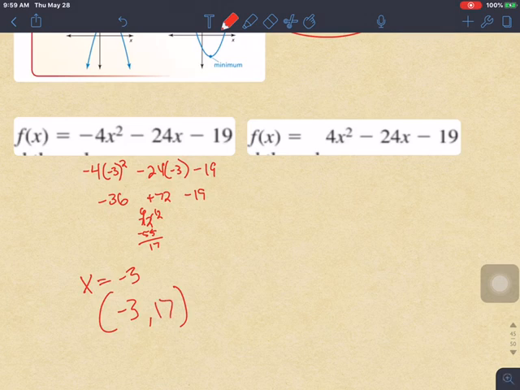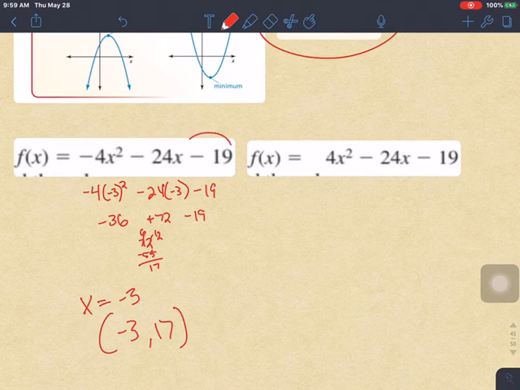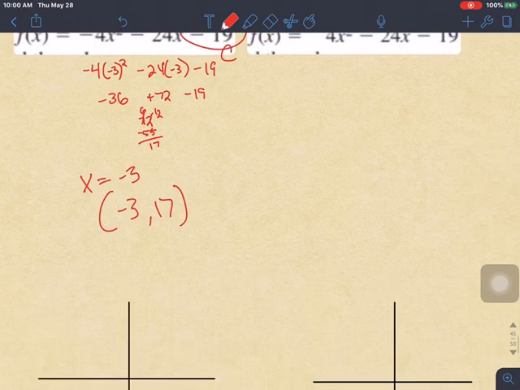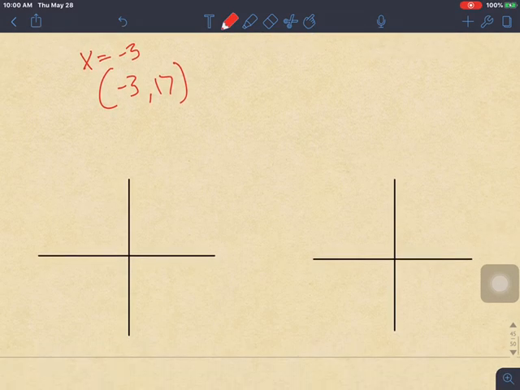That's where the vertex is, and then here is the y-intercept, or the c. So where would negative 3, 17 be? It would be to the left and up 17. Let's just pretend this is 17, and this is negative 3.